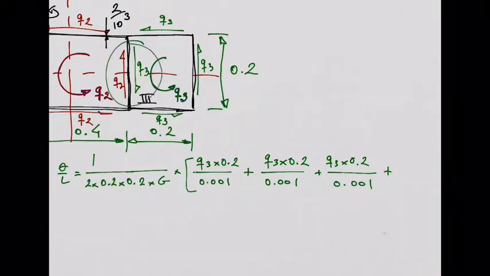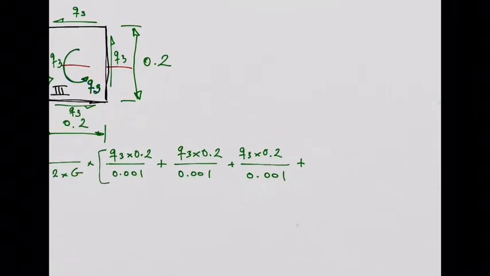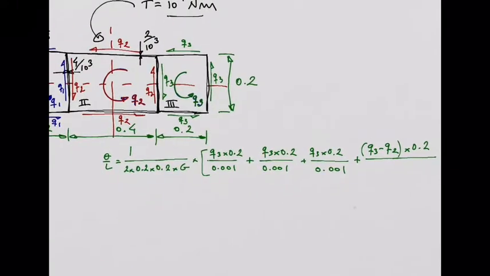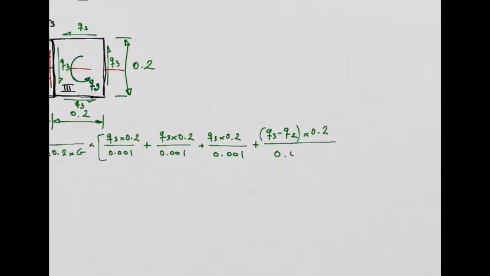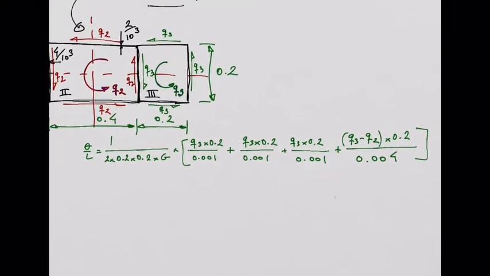And the last one we have is this wall here, should be Q3 minus Q2, right? The length is 0.2 and the thickness is 0.004. Okay?